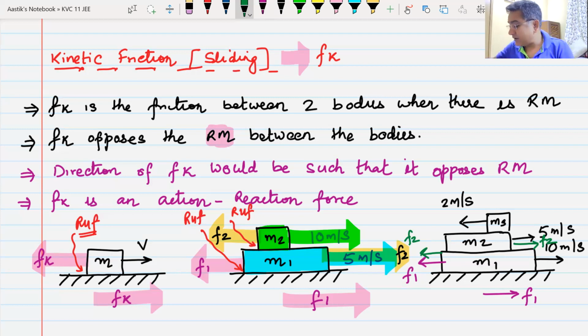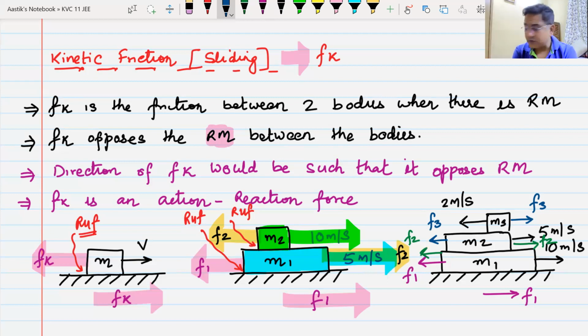So M2 will apply a force in the right direction on M3, and M3 will apply a force in the left direction on M2. We understand this? This is how we find out the direction of force applied by different bodies on each other.